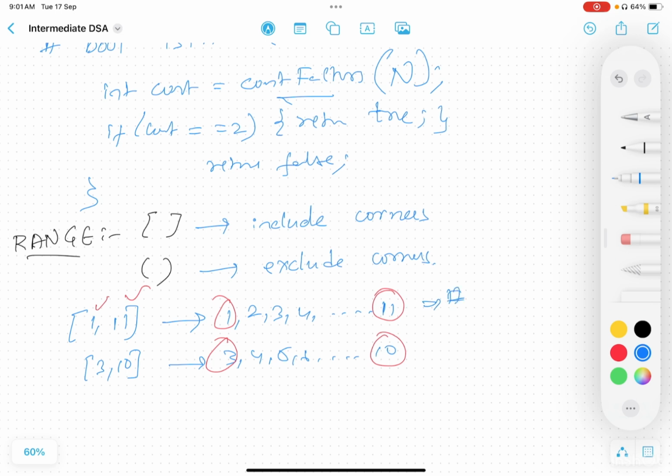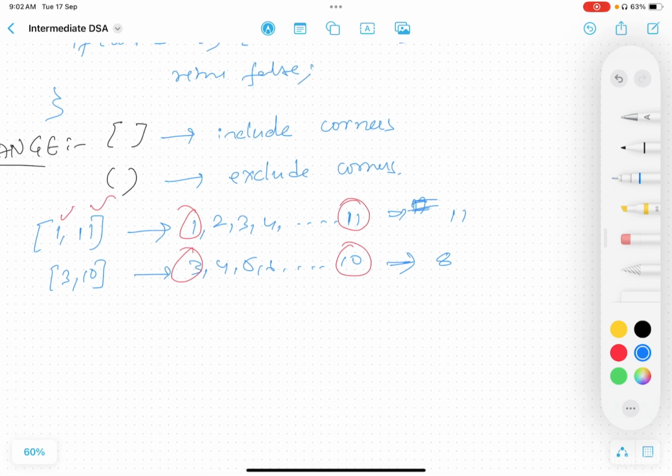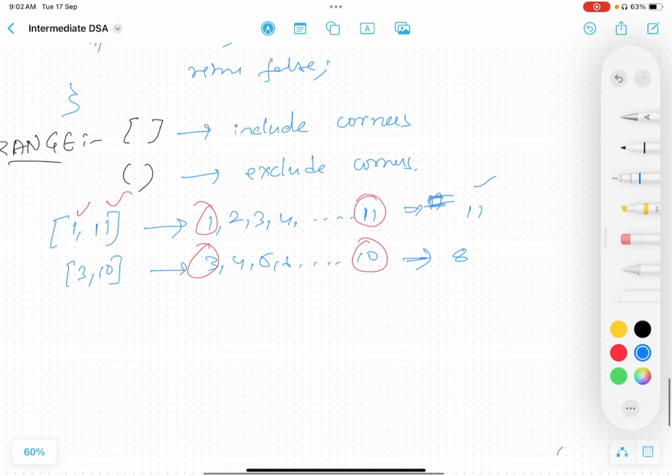And if I take the count, here it is 11. Here the count is 8. So here I know I am having a very finite set of numbers, so I can count. But what if you don't want to count each and every number? How do you get this count? Any observation I can make?